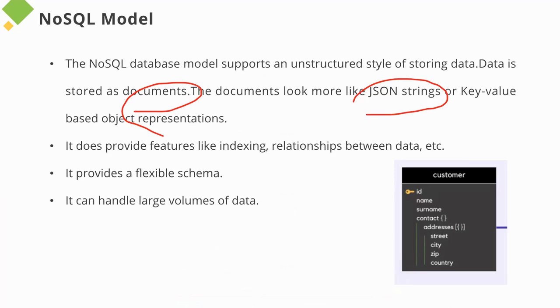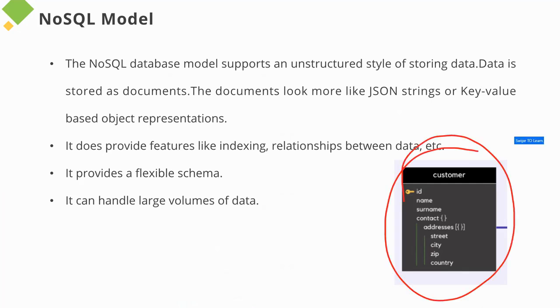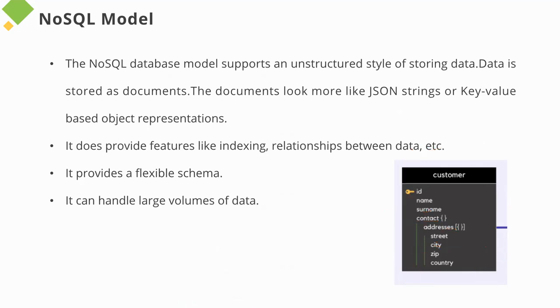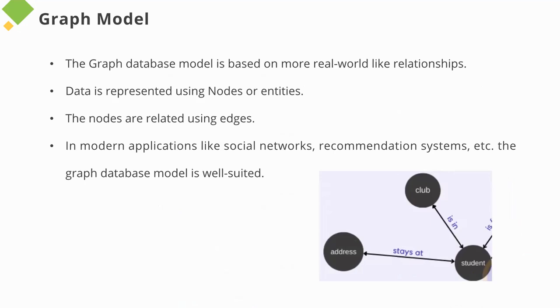It provides features like indexing and relationships between the data, and it provides the schema, which we call a database schema, and it is used to store large volumes of data, like you have ID, name, surname, and then the contact address, and this address is again classified as street, city, zip code, and country. Like this, it provides the indexing and relationships between the data.